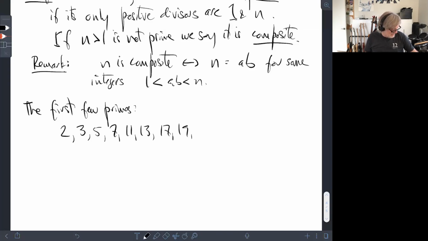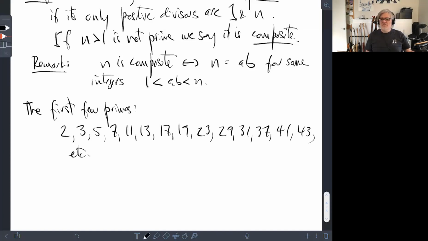Here are the first primes. Did I miss anything? No. 23, 29, 31. 37 is prime. 41 is prime. 43 is prime, and so on. So these are the first few prime numbers. As you can see, obviously there's only one which is even, it's 2. And in fact, there are so many theorems out there where you always have to specify that the prime is not 2 because it's a weird prime. But it's prime. Okay, so these are the first few primes.